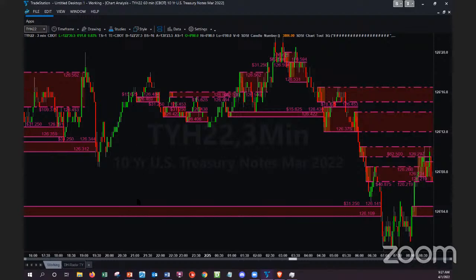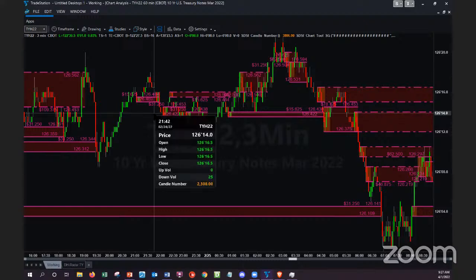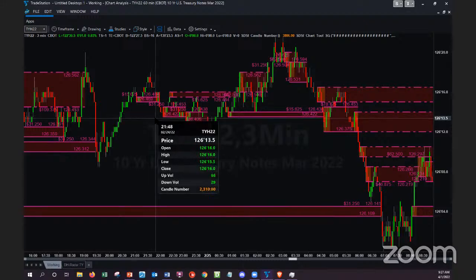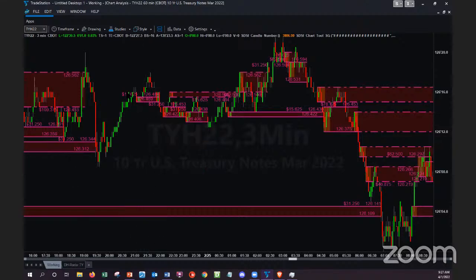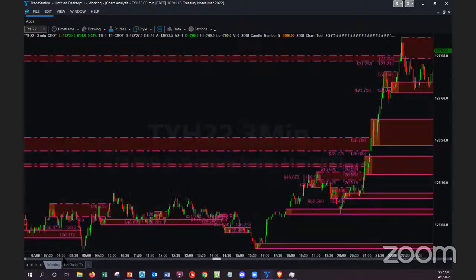This is 2100, 2130. This is Globex hours. And you don't normally see these things in the regular market. Here you'll see we have small candles.